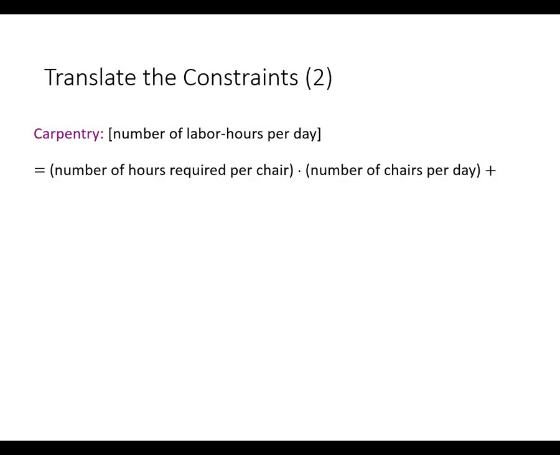Let me start with the carpentry. The carpentry is the number of labor hours per day. How do we figure that out? Just carpentry alone, we first need the number of hours required per chair times the number of chairs per day. Then we also have sofas: the hours required for a sofa times the number of sofas per day. We add these together.